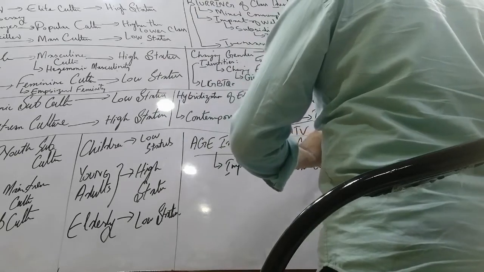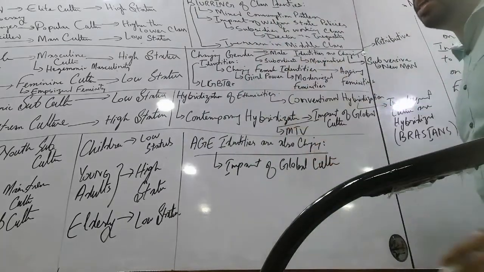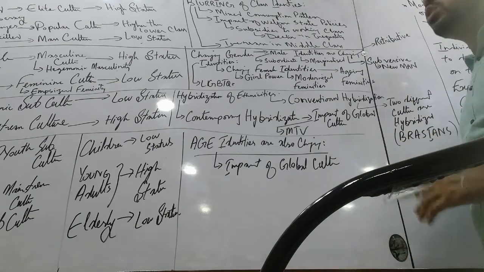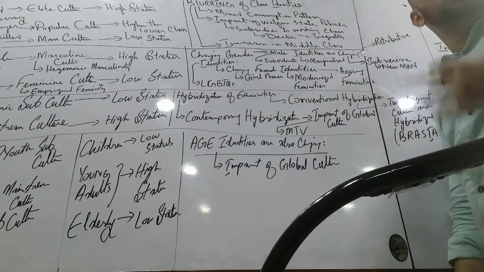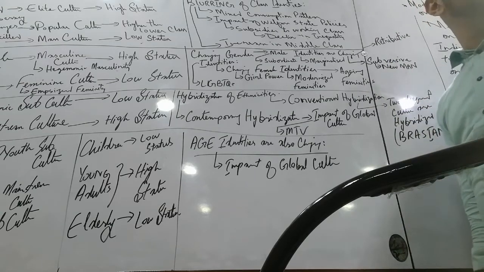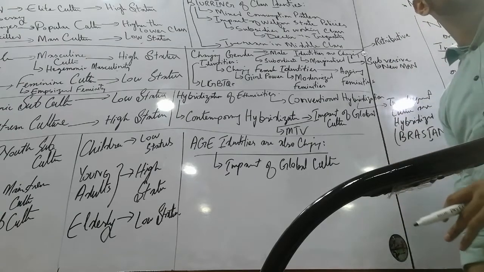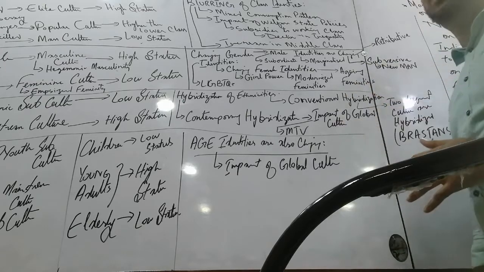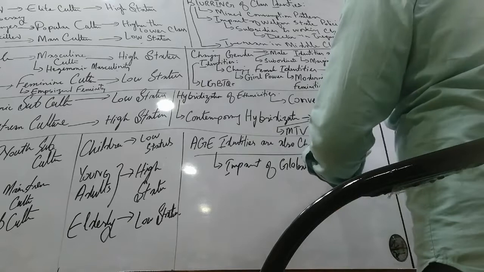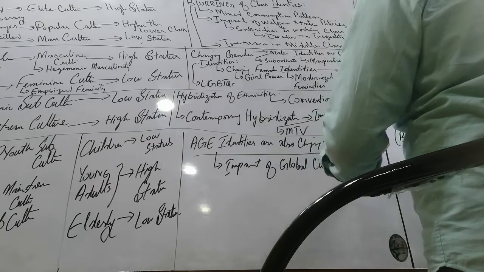If you talk about young and childhood identities, they are usually based on contemporary hybridization. Am I right? Children all around the globe have a similar form of living. They all love nuggets. They all love to play PlayStation. So this is more about the impact of global culture. You can give the example of PlayStation.